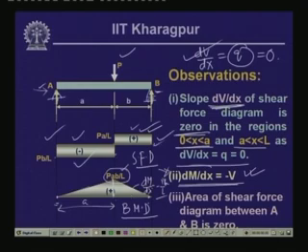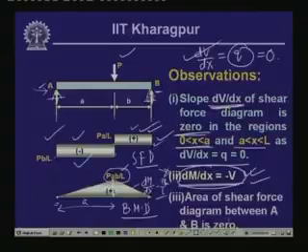Also, we have seen that if we like to find out the difference between the bending moment at two different sections, we integrate dM between A and B, which gives us the moment value at B minus the moment value at A, that is equal to the integral of V dx.